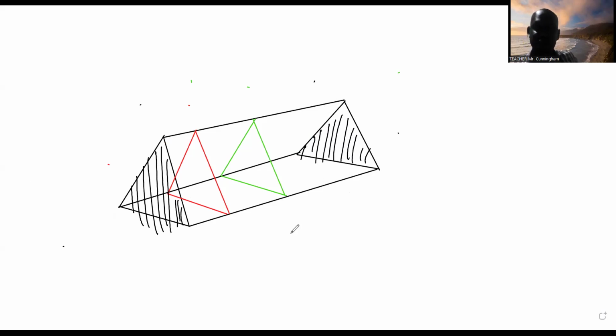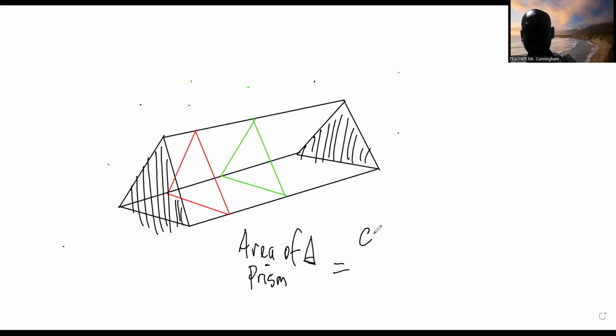So what's the volume of this triangular prism? Area of triangular prism is equal to cross-section area multiplied by the length.